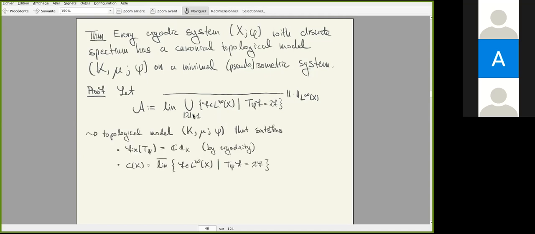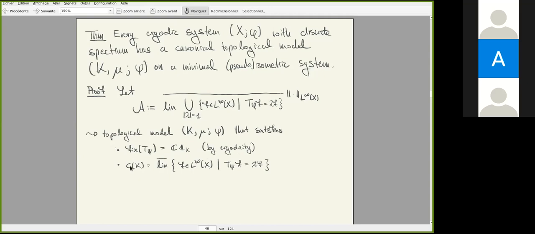So we have this topological model now, and it satisfies two things. By ergodicity, we know that there are almost no invariant functions. So the fixed space of the Koopman operator T psi on this compact space K is just the continuous constant functions.